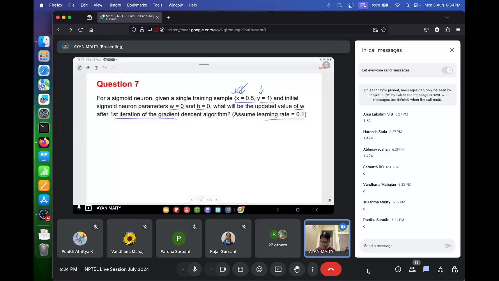So what will be the updated value of w after the first iteration? This question is also a bit lengthy, so it will take some time.